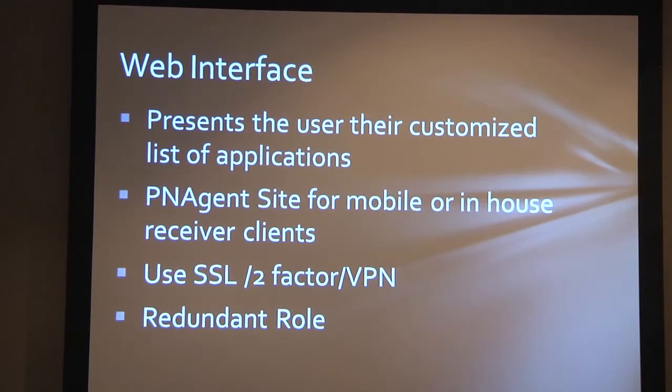You may want to consider second factor authentication and potentially VPN as additional mechanisms to secure this environment. And again, this should also be a redundant role. If you only had one and it went down, everything would be down, at least from the aspect of the end user.